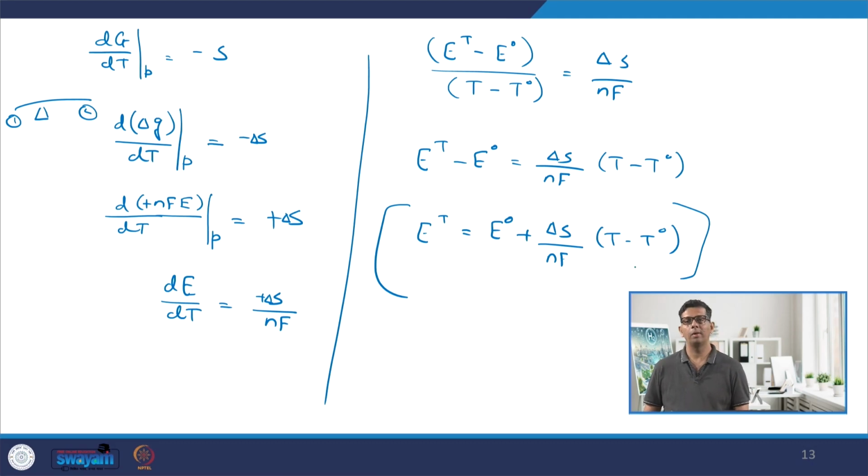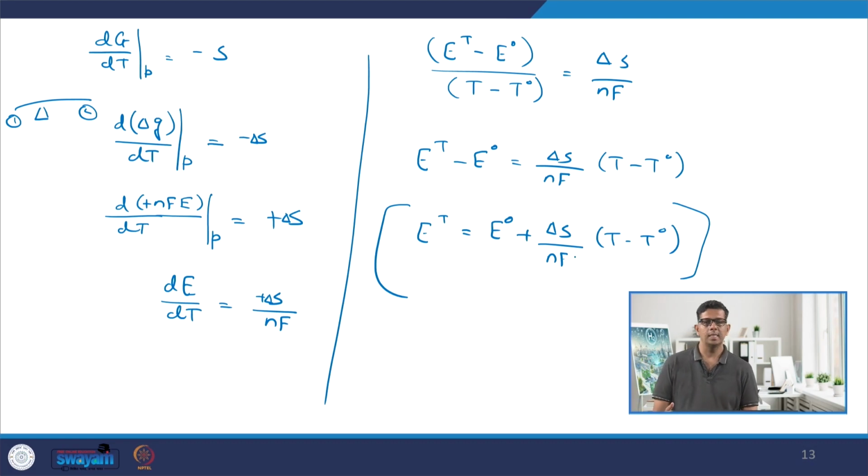For example, if I have a fuel cell which is operating at, let us say, 60 degrees Celsius, that 60 degrees is different from your standard temperature and pressure condition. So, in that case your E naught will no more be applicable, it will be Et. So, Et has to be found out by knowing these terms such as E naught and entropy change, and the other terms we can find out the Et.